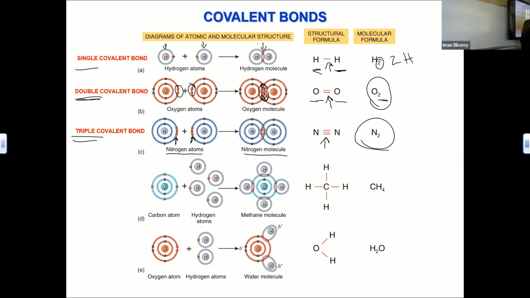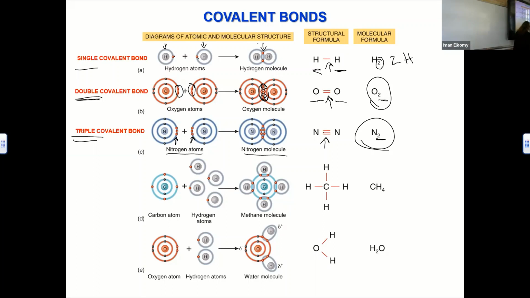Do you understand why this is only a 2, not a 3? The 3 lines indicate the bond. The 2 indicates how many atoms of nitrogen I put in there to form that molecule. Okay? All right, thank you.